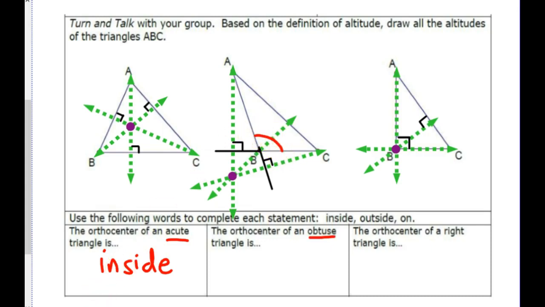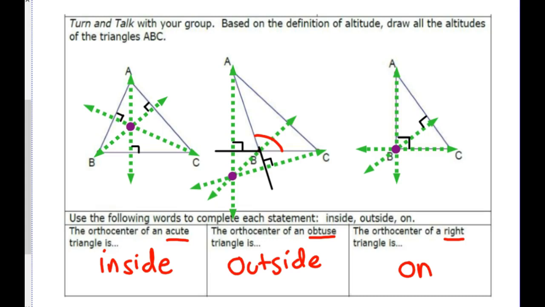Obtuse. That obtuse triangle's orthocenter is outside. What kind of triangle is that third one? It has one right angle, so it's a right triangle. The orthocenter is on the edge, specifically on the vertex of the right angle.